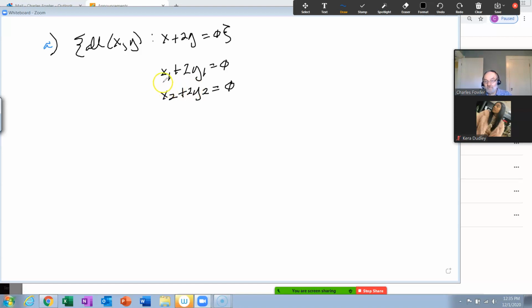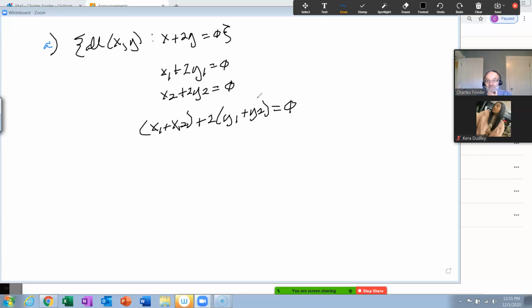Well, sure enough, if you added those together, you'd have x1 plus x2, that's a number, plus 2 times y1 plus y2, and adding these together, you get 0.